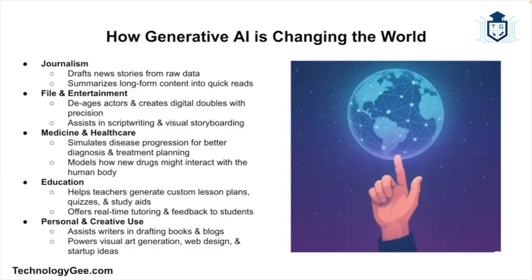In medicine, generative AI can simulate how a disease progresses or how a new drug might work. In education, teachers are using AI to create custom learning materials on demand. And in personal use, people are writing books, composing music, generating art, and building businesses with AI support. So essentially, it's like adding rocket fuel to your imagination.